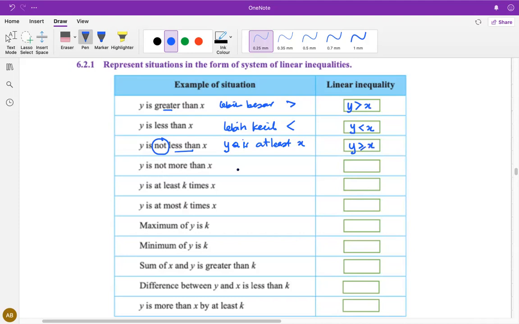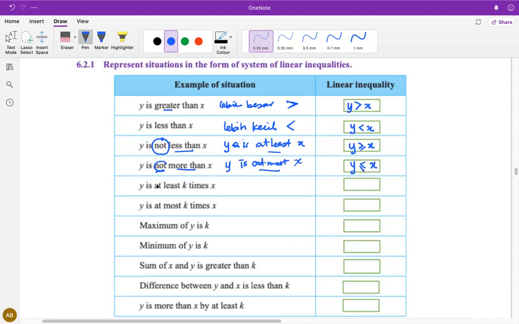Y is not more than x. More than is more than, so not more than will be at most. At most x is y less than or equal to x.